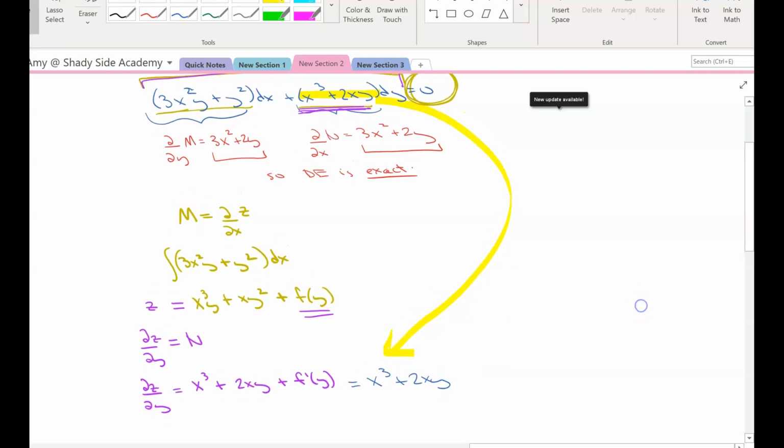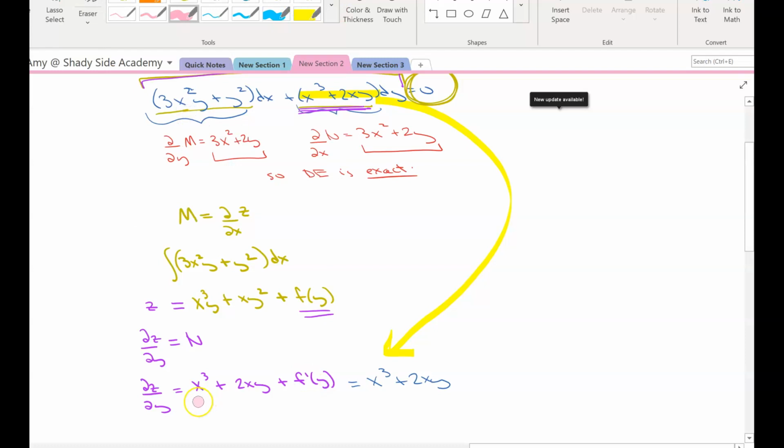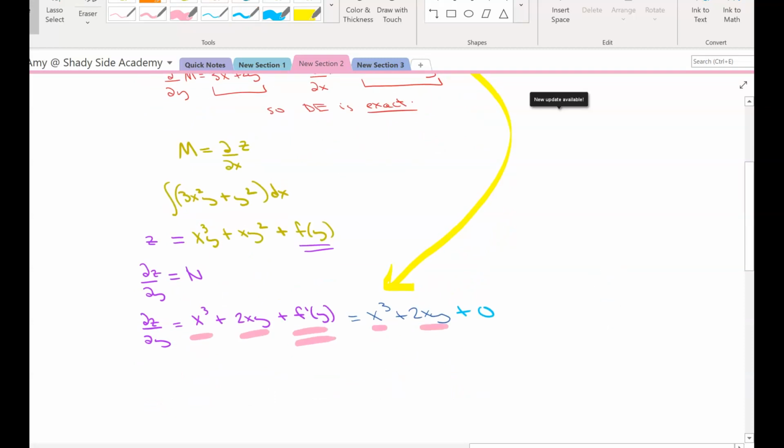Now, you'll see the left-hand side and the right-hand side are 100% equal. They absolutely match because x cubed, 2xy, 2xy. And yes, the f prime of y matches also because f prime of y just equals 0. Everyone all right? Okay, so if f prime of y equals 0, you good?